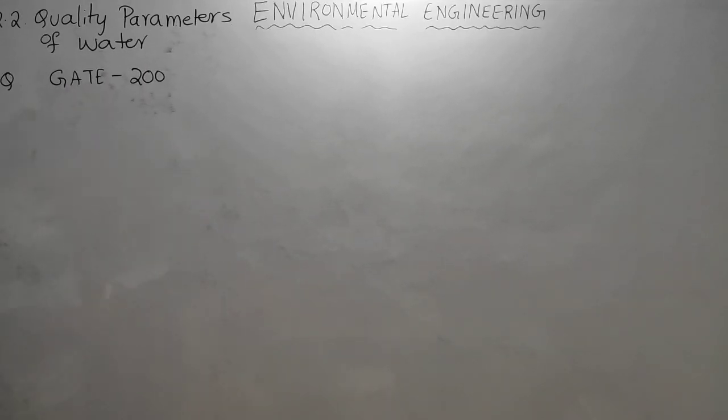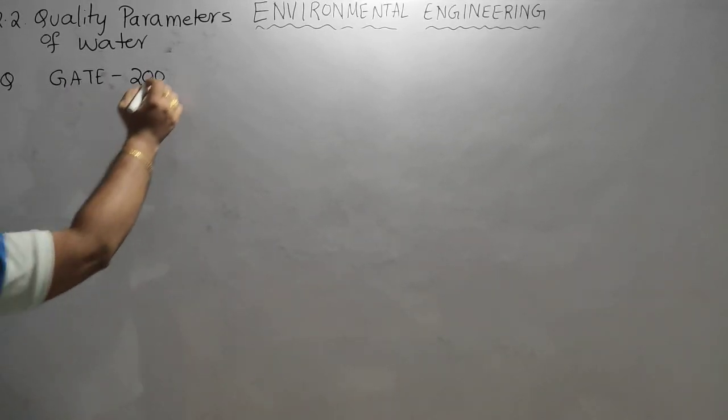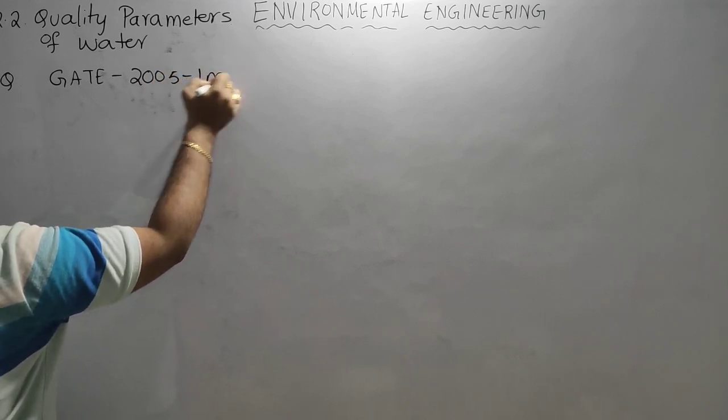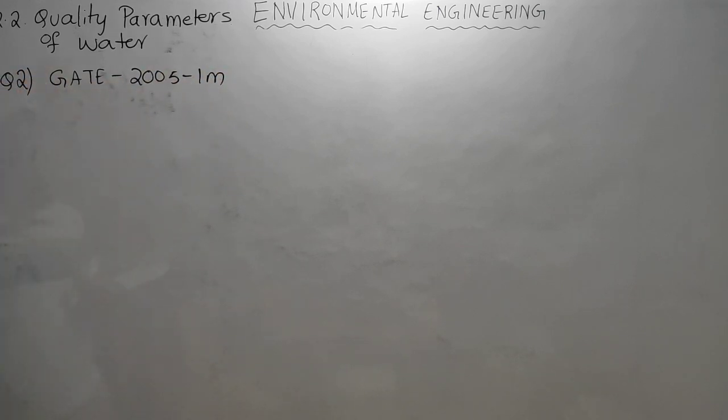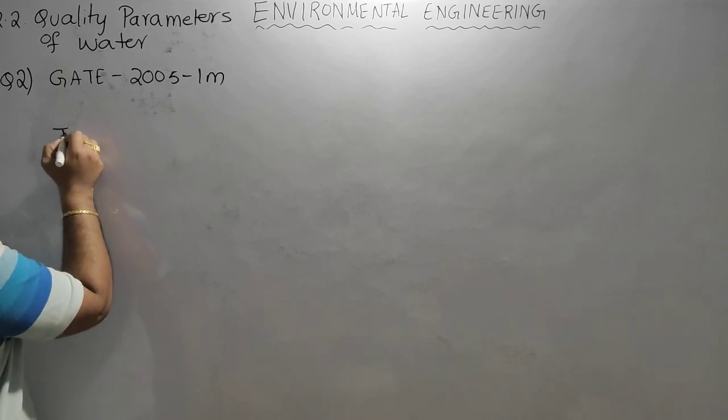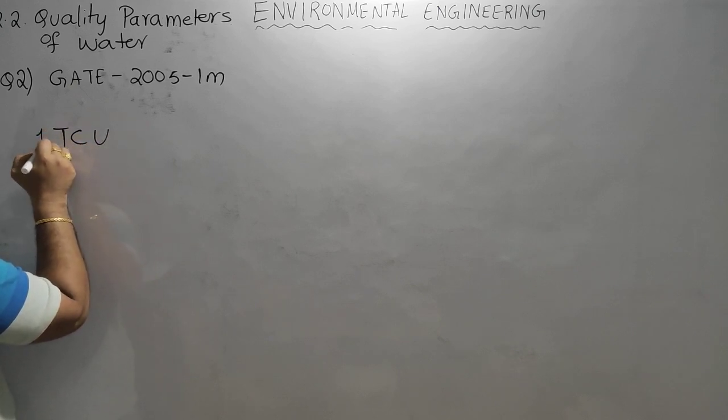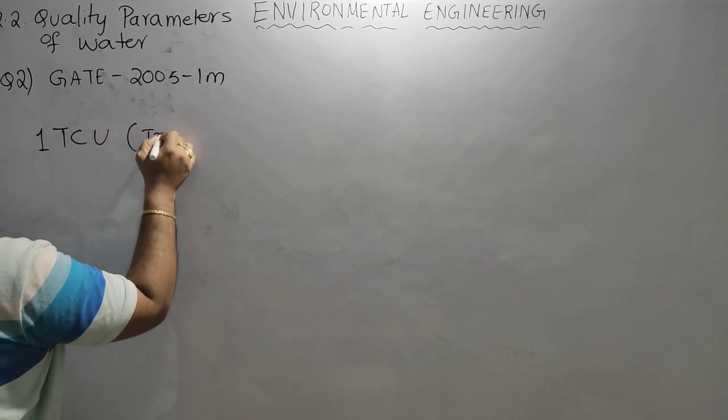Here 1 TCU is equivalent to the color produced by. So what does 1 TCU mean? 1 TCU means true color unit.